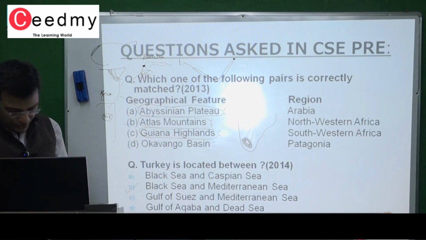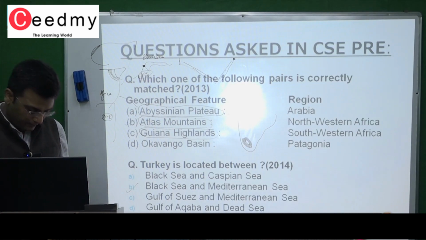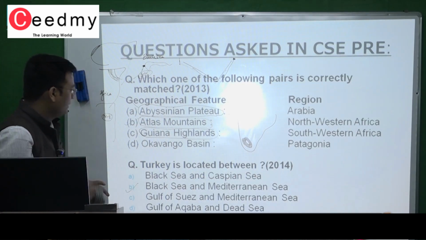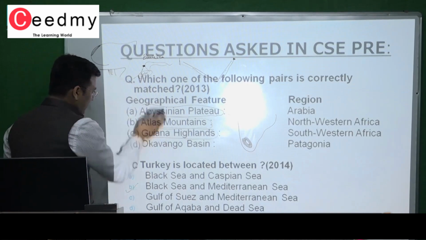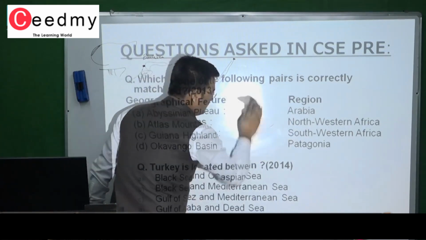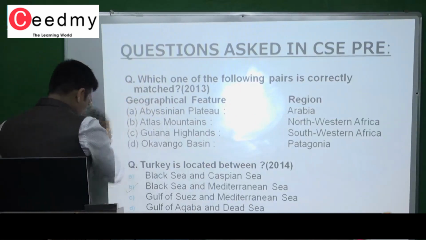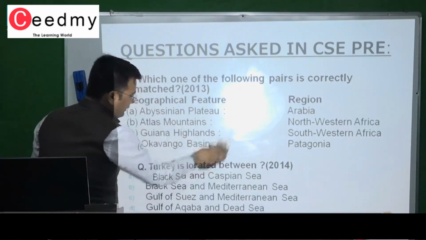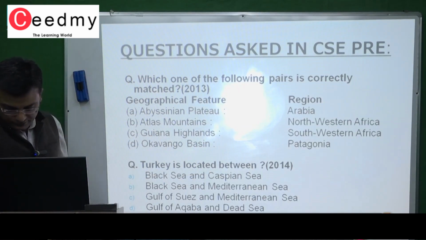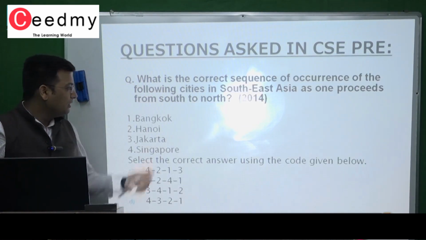So these are easy but confusing questions which they asked in prelims, and that is why I'm trying to make this mapping easier and more interesting, so that you can easily answer these types of questions.